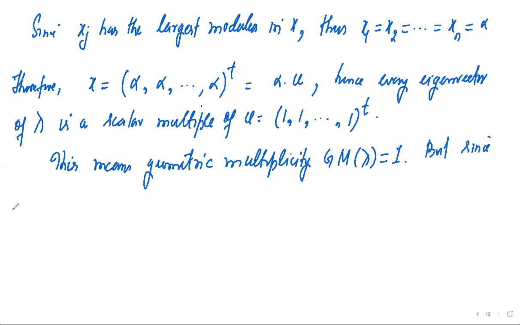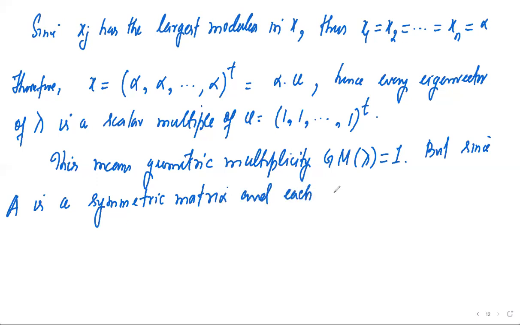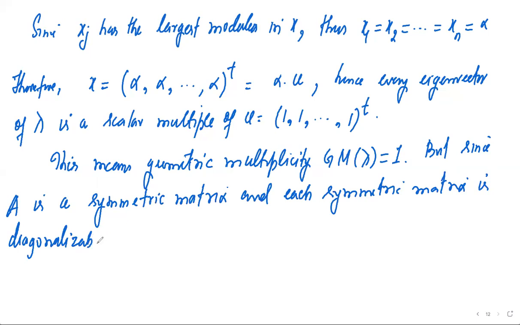Since A is a symmetric matrix, and since each symmetric matrix is diagonalizable, in fact symmetric matrices are orthogonally diagonalizable, the algebraic multiplicity and geometric multiplicity are always equal for symmetric matrices. So AM is equal to GM. So algebraic multiplicity of every eigenvalue of a symmetric matrix is always equal to the geometric multiplicity of every eigenvalue.